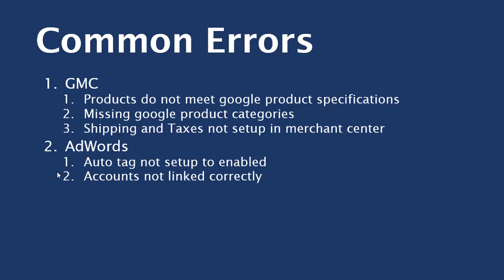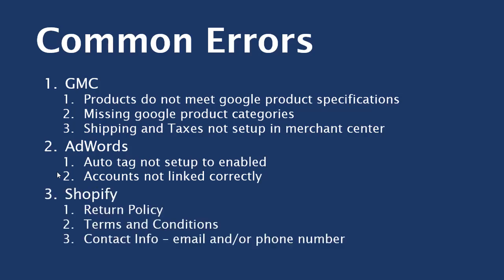I saw one client that had their AdWords account linked to the wrong Google Analytics account. I saw another client that had a Merchant Center account that was linked to the wrong AdWords account. So just very important to link those correctly, especially if you're using different email addresses for different accounts.